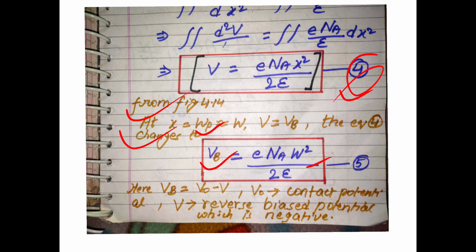Here Wp is much greater than Wn, so the depletion width of the p-n junction diode will be W. So this is our equation for Vv, where Vv = V0 - V, and V0 is the contact potential, and V is the reverse biased potential, which is a negative number.